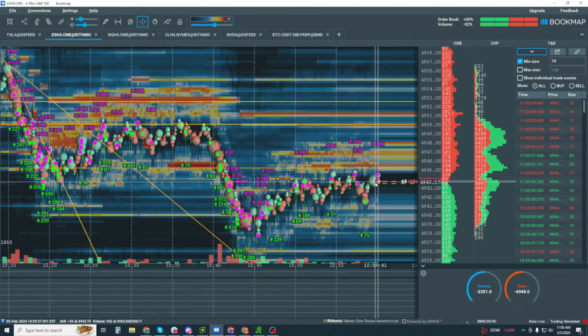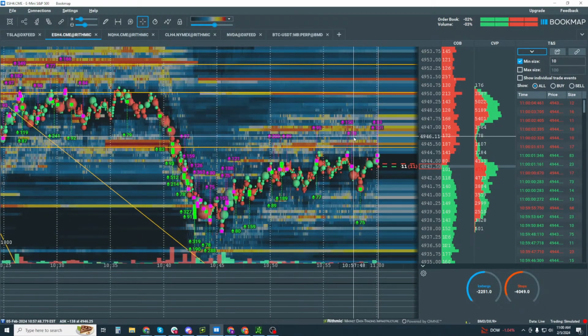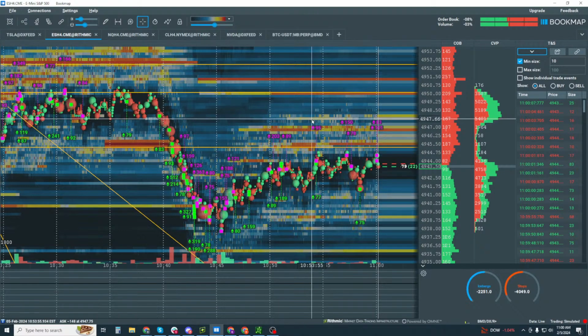A big cluster of buying just now, but it failed to move the market.